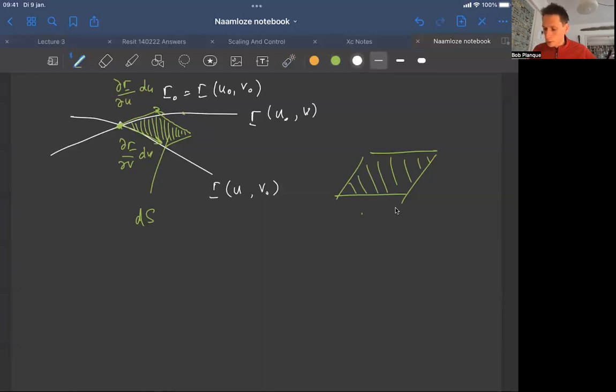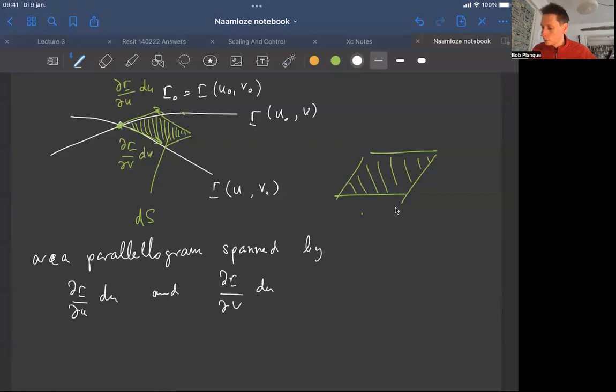So you've learned in linear algebra, I hope, that the area of the parallelogram spanned by dr du, which is one vector, and dr dv is this cross product times du dv.